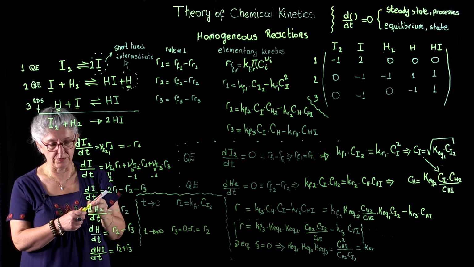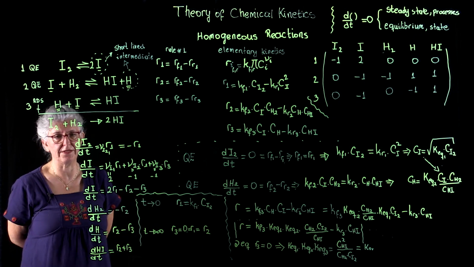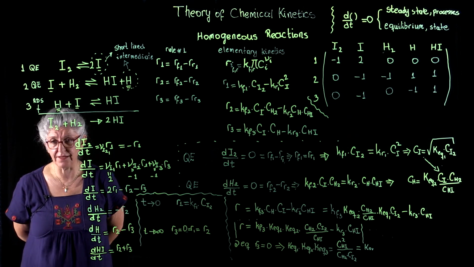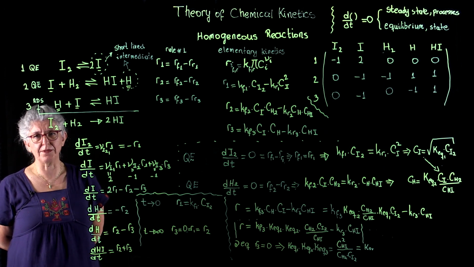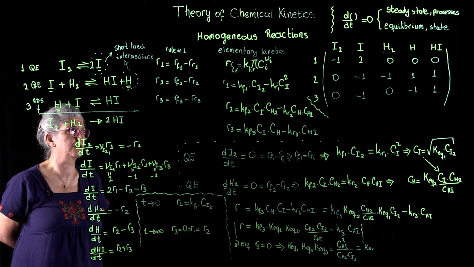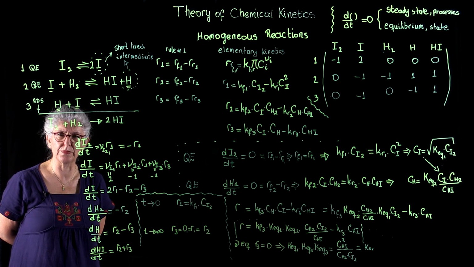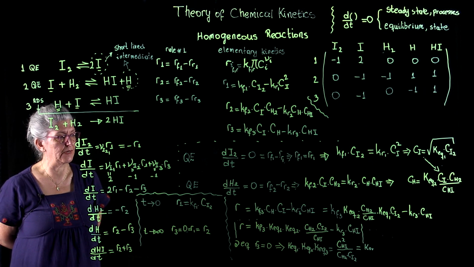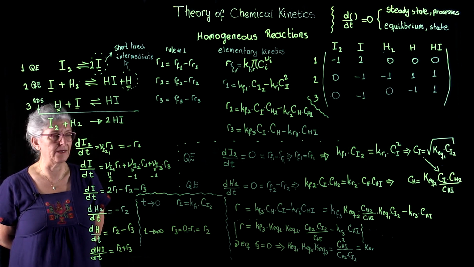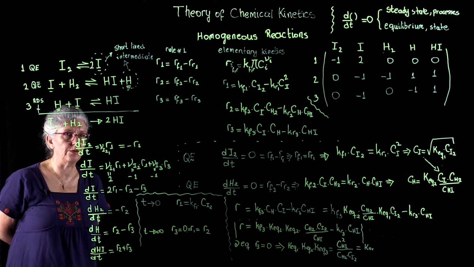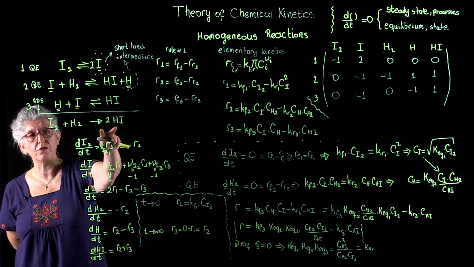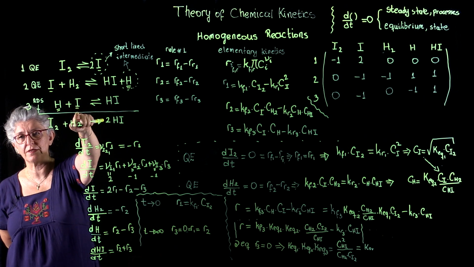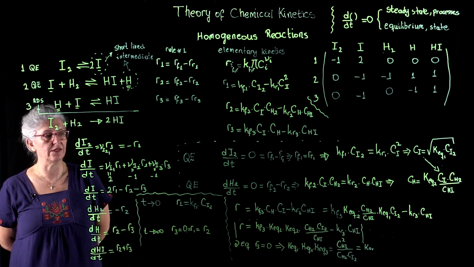Now, this is an important conclusion that we have arrived at here. In this derivation, we have established what we understand from quasi-equilibrium, from the rate determining step, and also we have derived the equilibrium constant of the overall reaction as the multiplication of the equilibrium constants of the individual reactions.